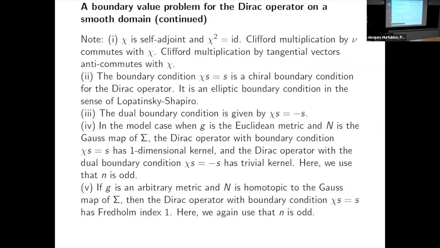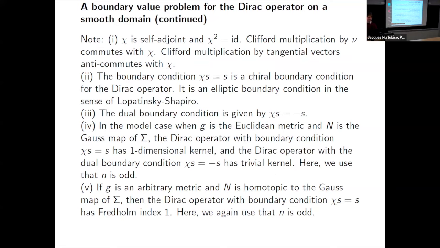And then you have to check that this gives you an elliptic PDE. This has to do with the properties of this boundary chirality. You can check that it's self-adjoint, that its square is the identity. And the important thing is that Clifford multiplication by tangential vectors anti-commutes with chi.